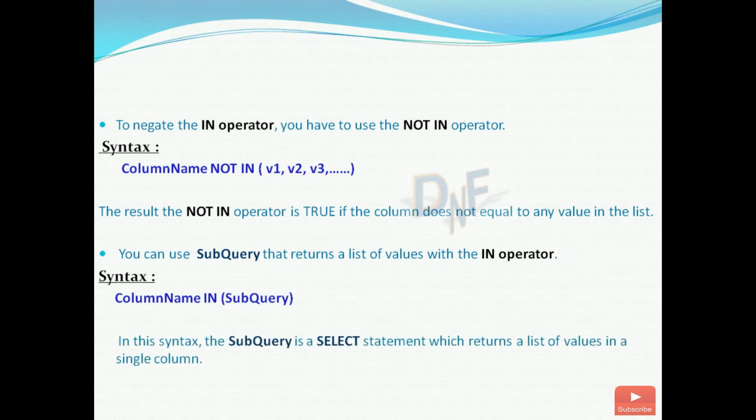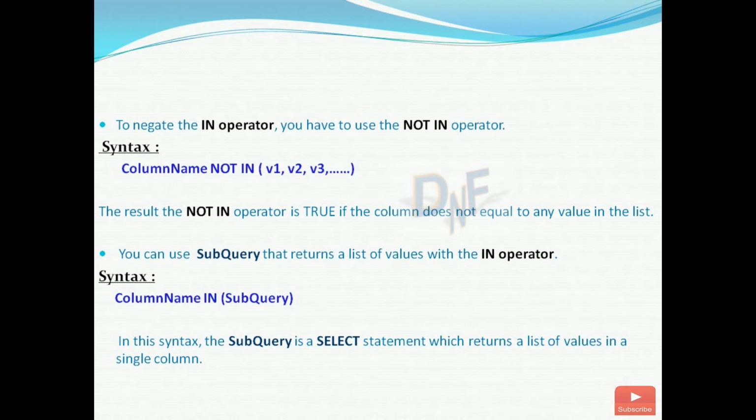In this syntax, the subquery is a select statement which returns a list of values in a single column. Single column means if you put a subquery that returns two or multiple columns, it will return an error. You just put a subquery that returns a single column with a list of items, and then the IN operator can work.